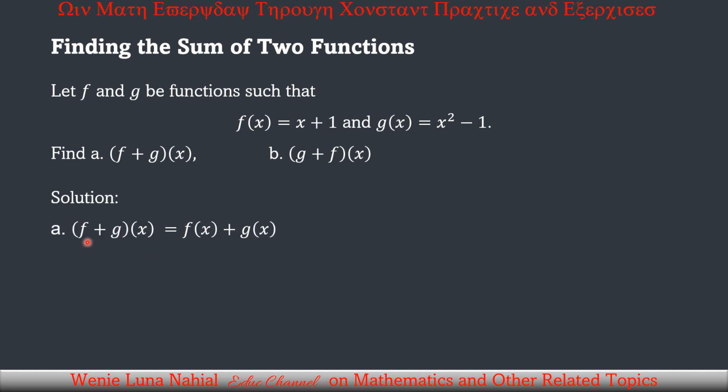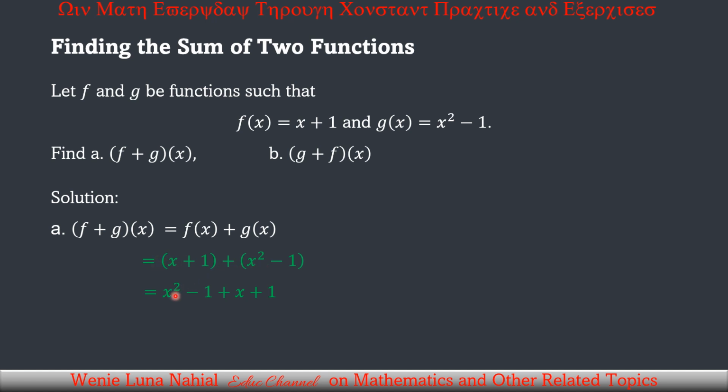We have here f plus g of x equals f of x plus g of x. So you simply copy. Then f of x is replaced by its definition, x plus 1, and g of x, which is x squared minus 1, is replaced by this. Then we take the parentheses symbol.